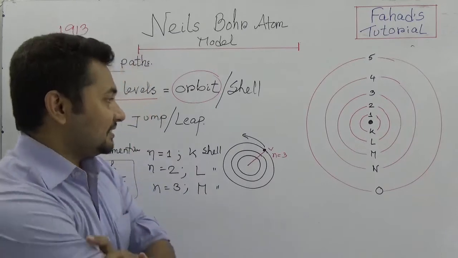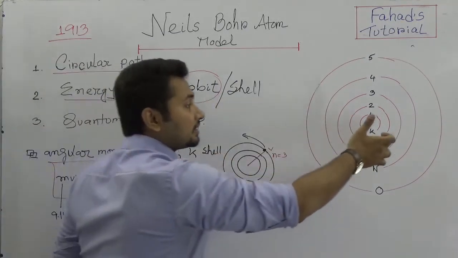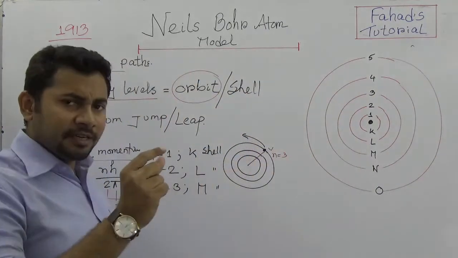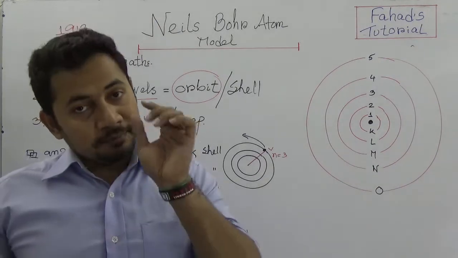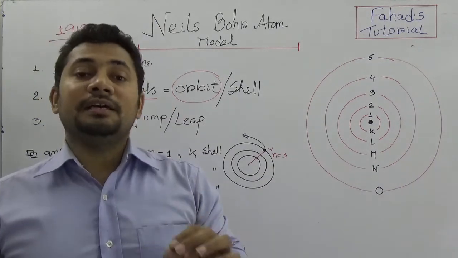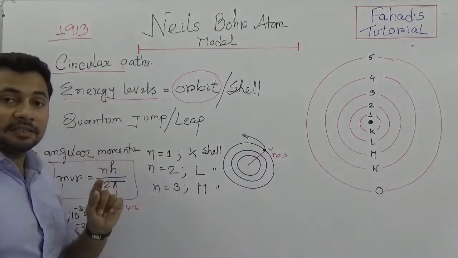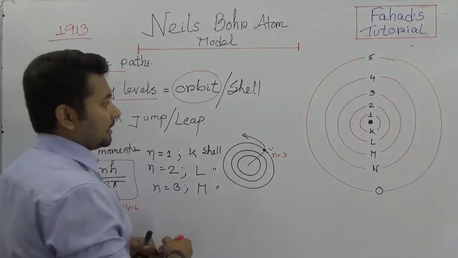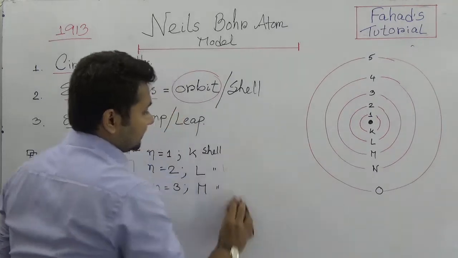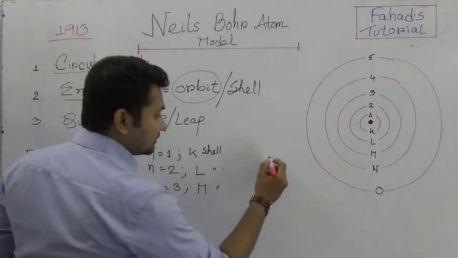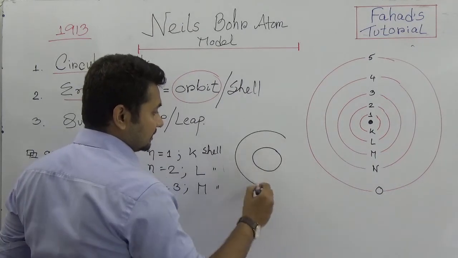What is the meaning of this? According to Niels Bohr, when an electron is revolving in a definite shell or orbit, it will not absorb any energy or emit any energy. But according to the third statement, suppose this is the first shell and this is the second shell.